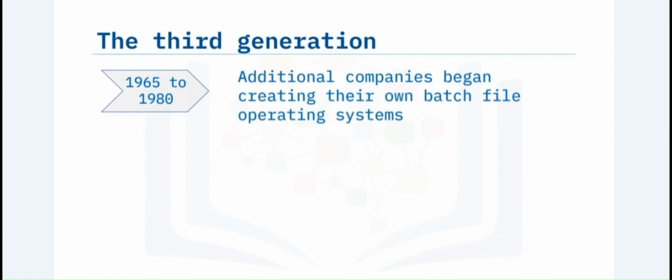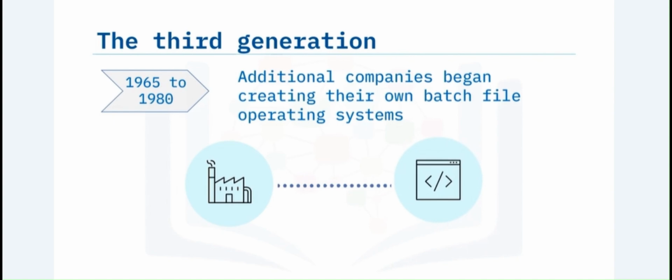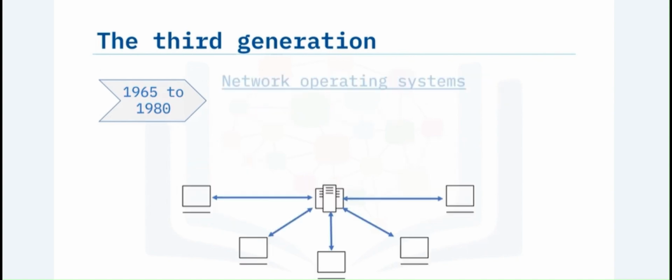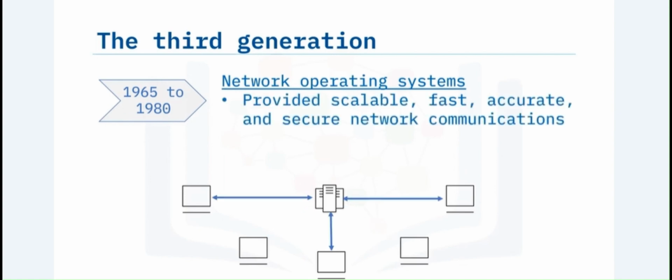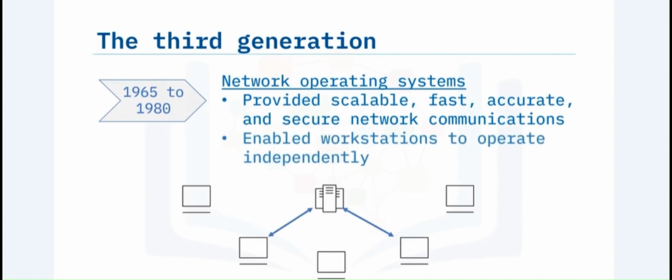Then, during the third generation of operating system development, additional companies began creating batch file operating systems specifically for their large computing needs. This generation saw the development of network operating systems that provided scalable, fast, accurate, and secure network traffic and communications, and enabled each workstation within the network to operate independently.